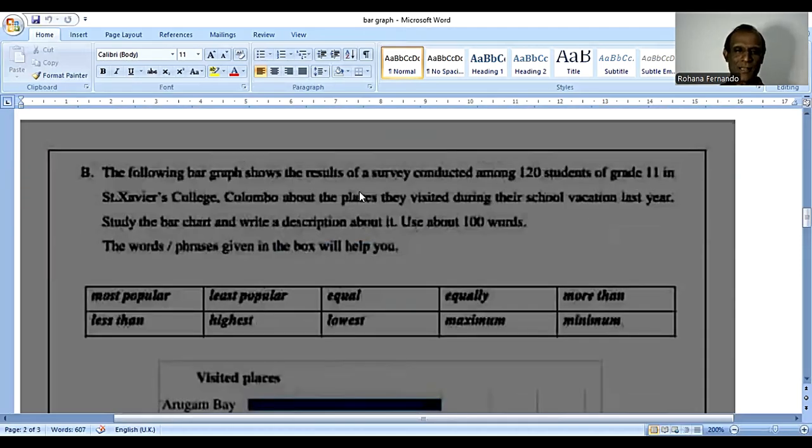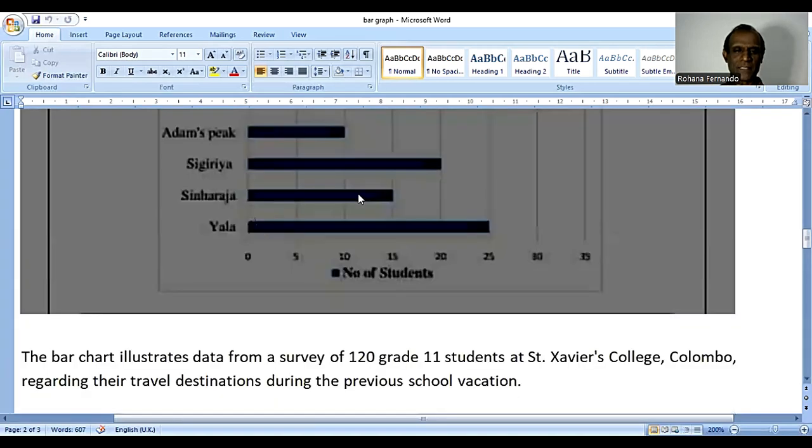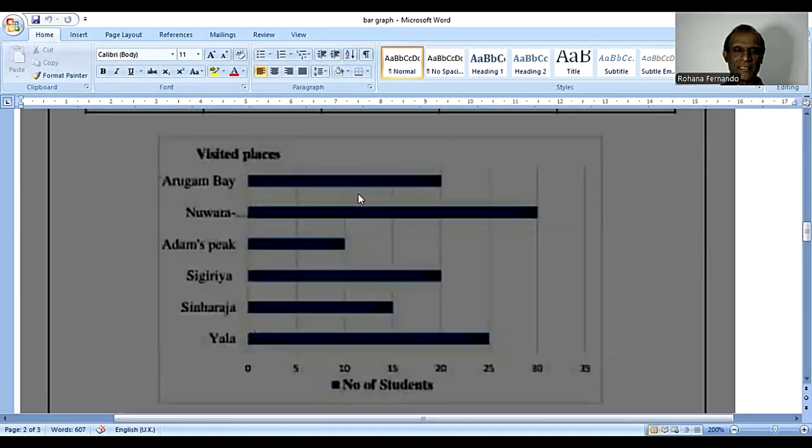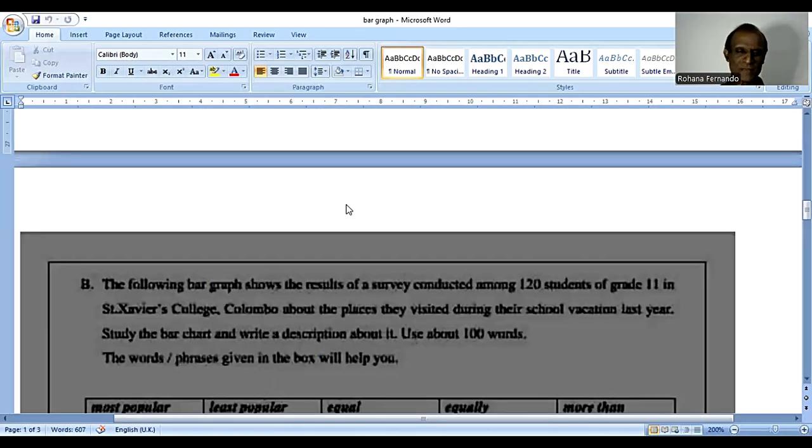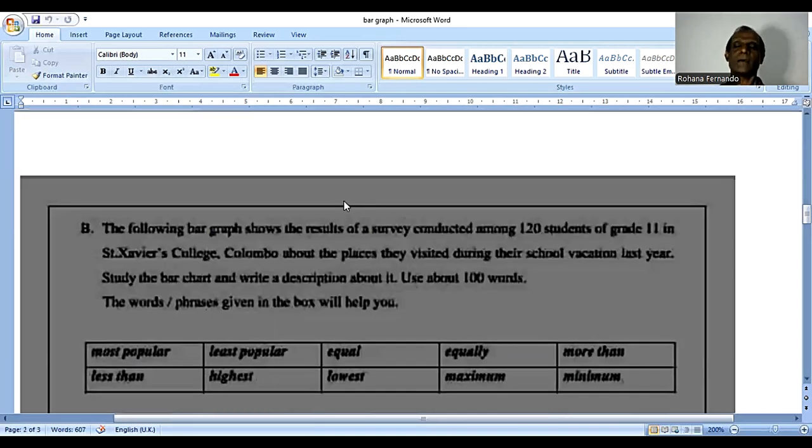In the second graph, the graph is turned to the reverse side. But anyway, some students are somewhat confused about this. That's why I have selected this type of graph.